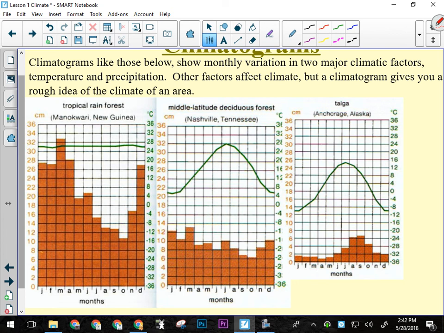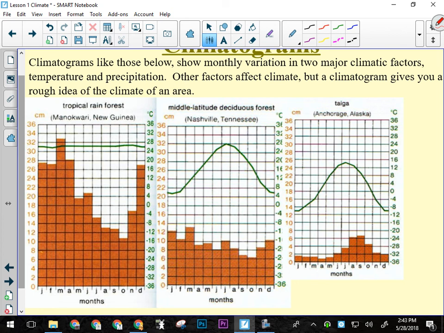It may not seem like a lot, but guys, in 2013, when we had all the flooding, we got this much in a month. So if you're getting this much in a month, it's going to be kind of flooded and wet. That's why a tropical rainforest can exist there, but not here, right?